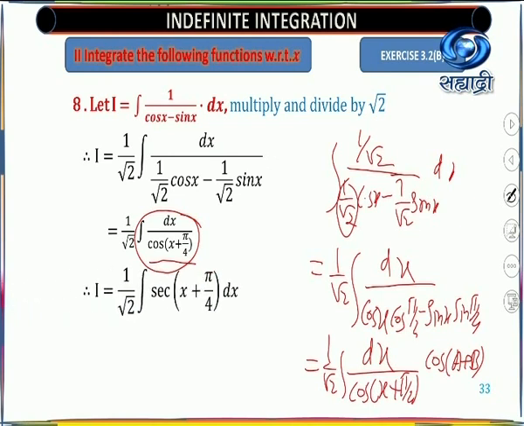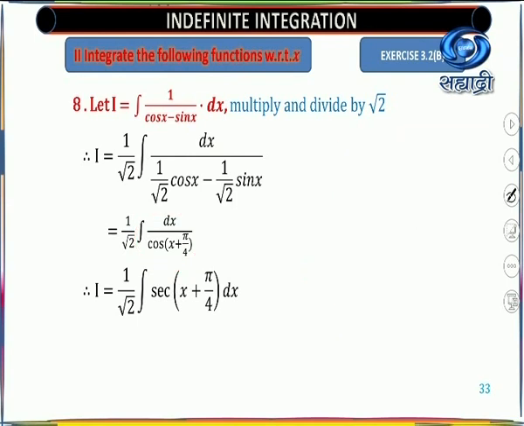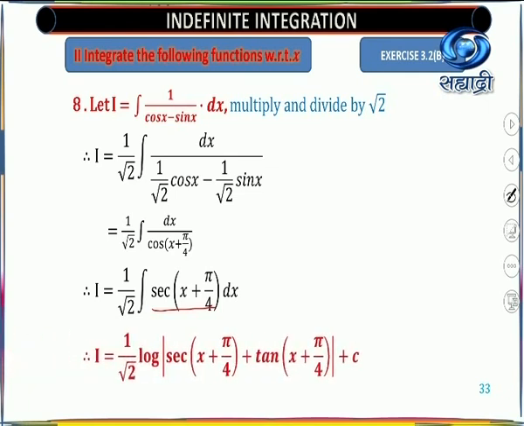Now look here. 1 upon root 2 is a constant which is outside the integral sign, but 1 upon cos is sec of x plus pi by 4 dx. Now for sec of x plus pi by 4 dx, we already have our formula. And what is the formula? That is log of mod of sec x plus tan x plus constant of integration.